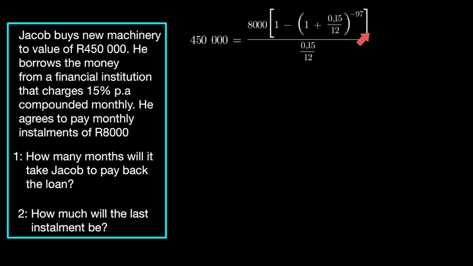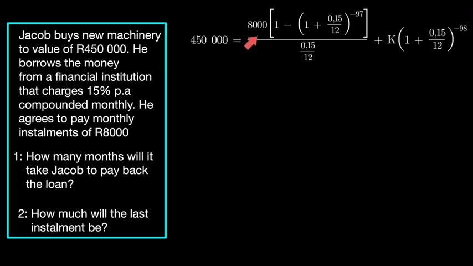So the last payment, we're going to add the last payment, and that last payment's part we can write as K, which is our last payment, but that payment has to carry 98 months worth of interest. So we're going to multiply it with 1 plus 0,15 over 12, right, to the power of minus 98, because this is the 98th payment.